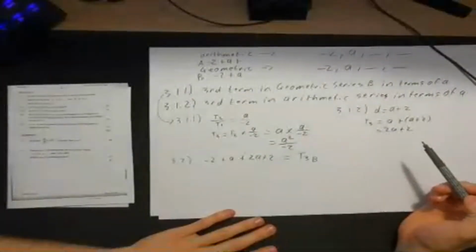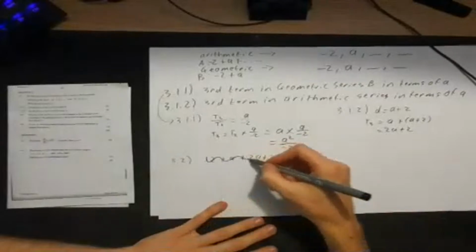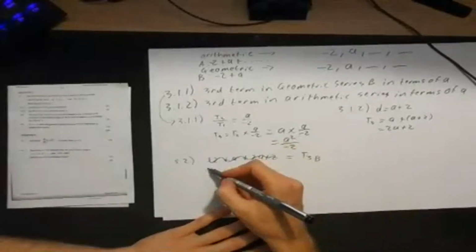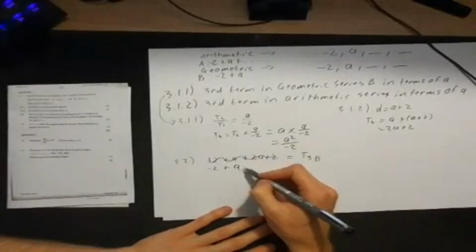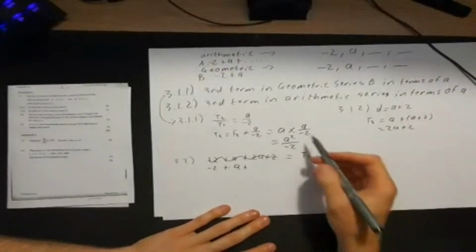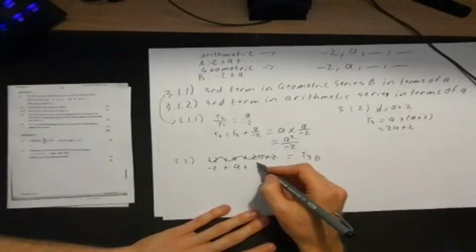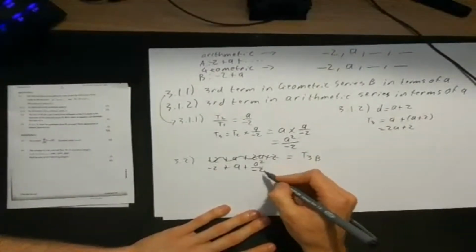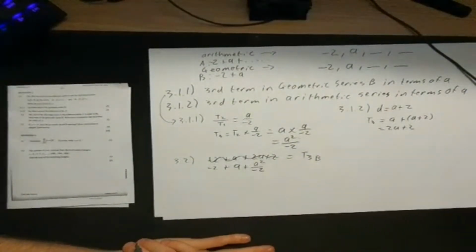Hold on, do I have the wrong thing? Yeah, I do. This is the wrong thing. So we need negative 2 plus A plus. Let's see. We want this one over here. So that's A squared over minus 2. So using this, we've got to solve for A.